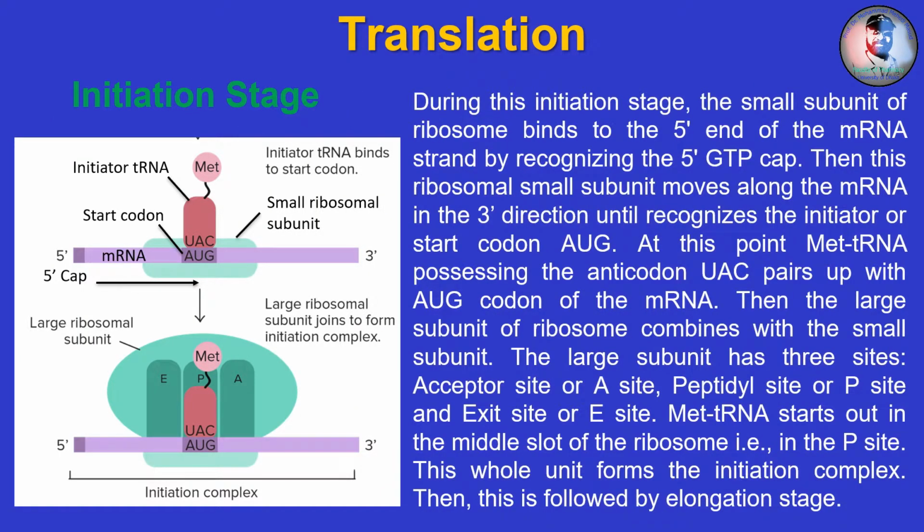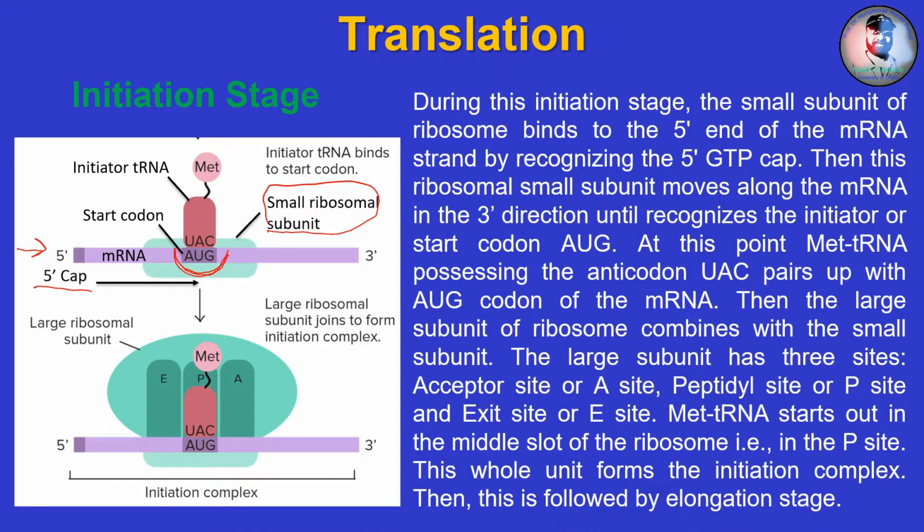During this initiation stage, the small subunit of the ribosome binds to the 5' end of the messenger RNA strand by recognizing the 5' GTP cap. Then, this ribosomal small subunit moves along the messenger RNA in the 3' direction until it recognizes the initiator or start codon AUG.